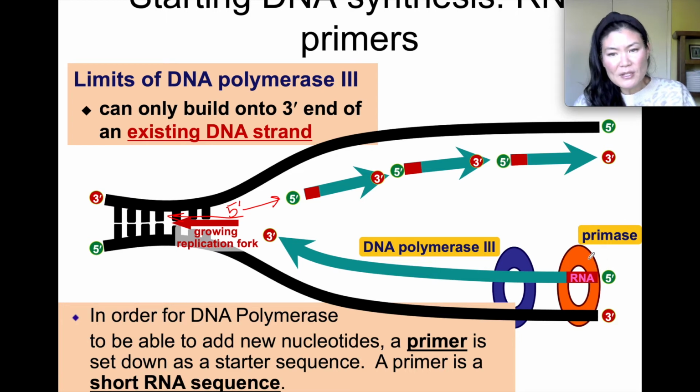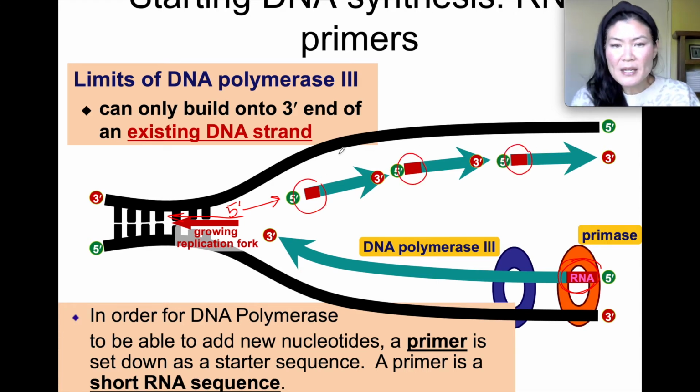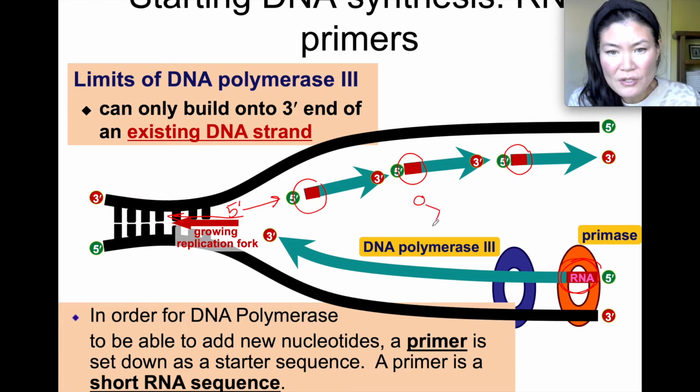A primer is a little piece of RNA. So here's a primer. I'm circling all the primers. Primers are pieces of RNA, okay, pieces of RNA. And just like DNA, they have a pentose sugar. So I'll just draw it like this, okay?